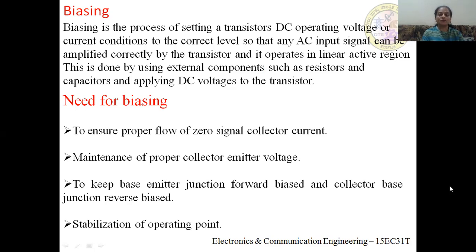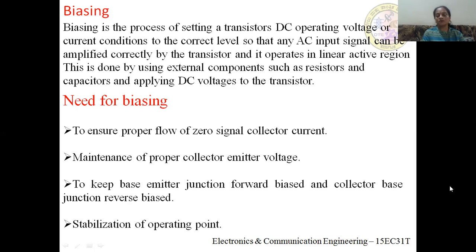DC means the transistor is not yet used as an amplifier. When you want to amplify a signal, we have to apply the input signal, but without applying the signal, we do the biasing. We are going to apply some DC voltages to the transistor.